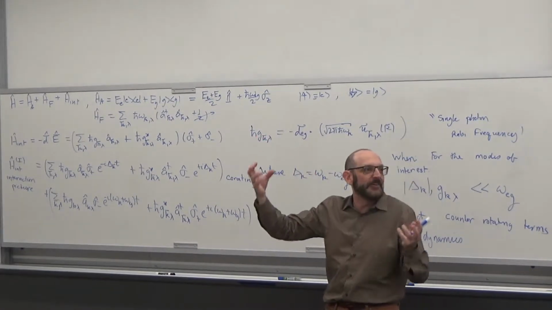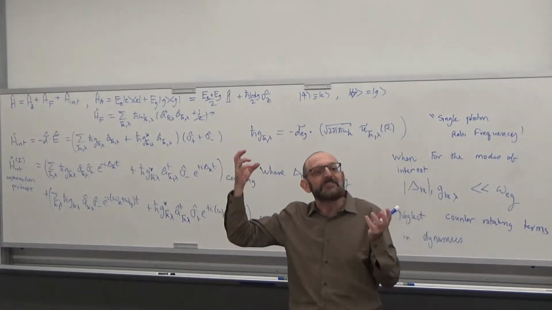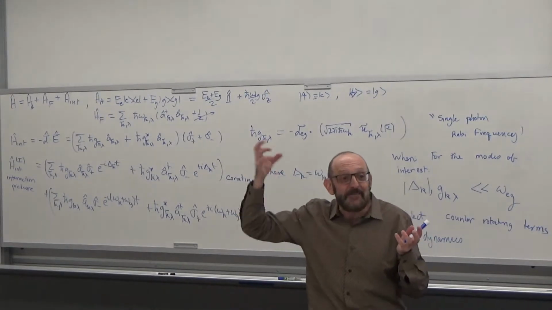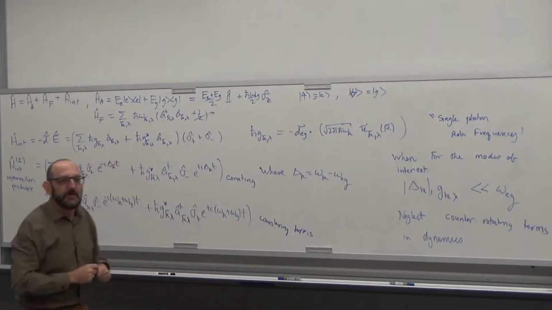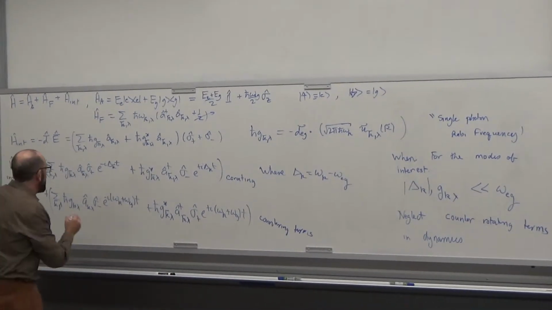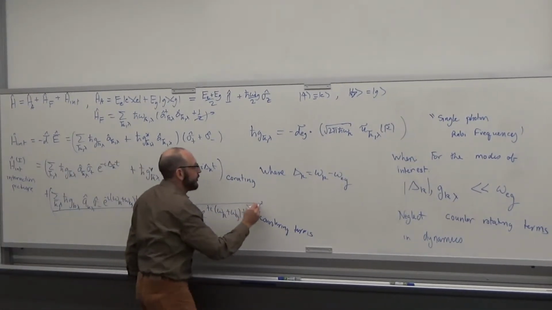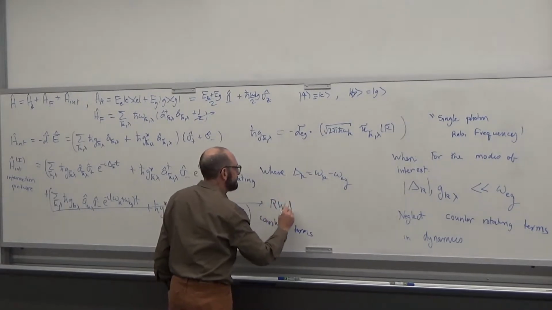And then one has to use the theory of solving ODEs to show how those rapidly varying terms do very, very little to the solution, and we can neglect them. And that, of course, is the rotating wave approximation.